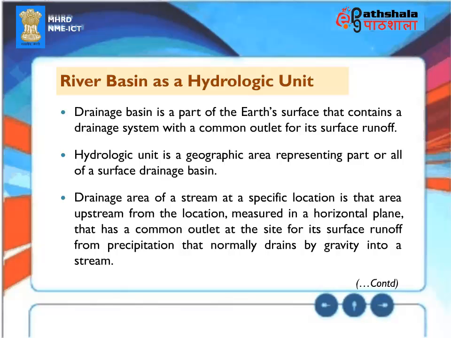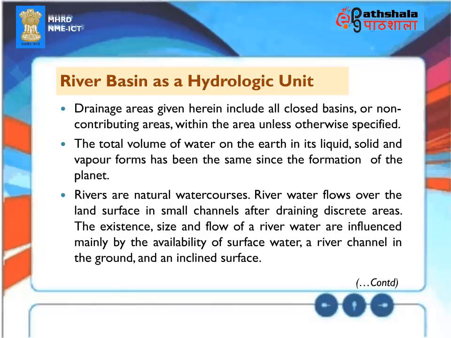The drainage area of a stream at a specific location is that area upstream from the location, measured in a horizontal plane, that has a common outlet at the site for its surface runoff from precipitation that normally drains by gravity into a stream. Drainage areas given herein include all closed basins or non-contributing areas within the area unless otherwise specified.